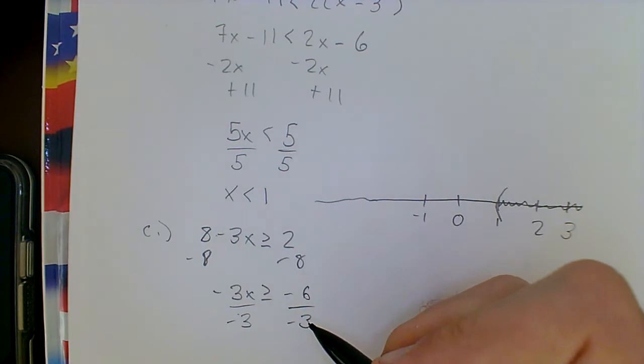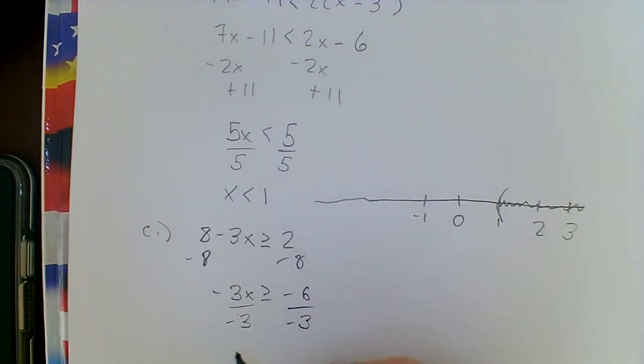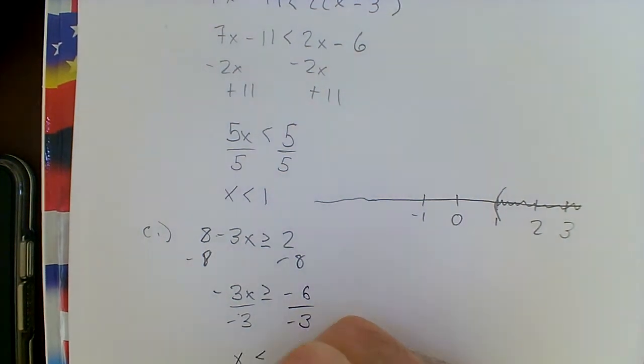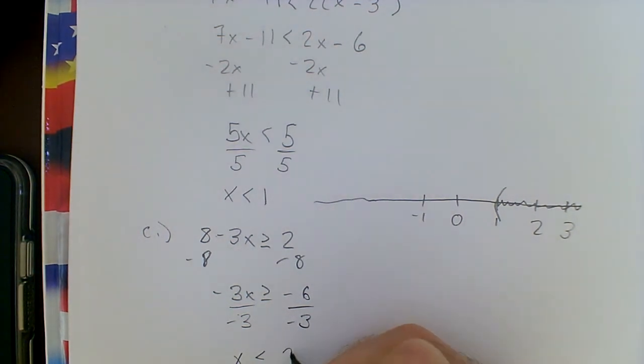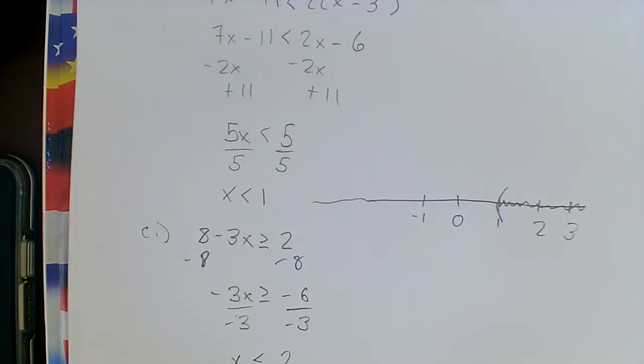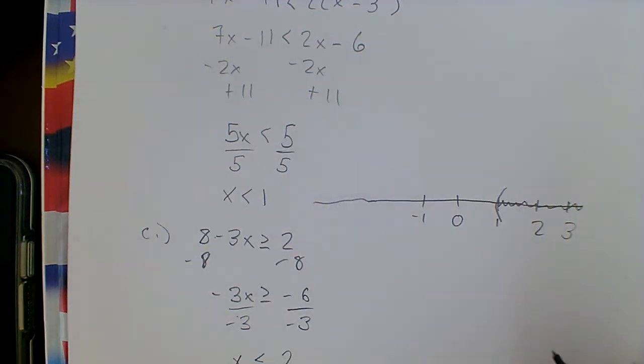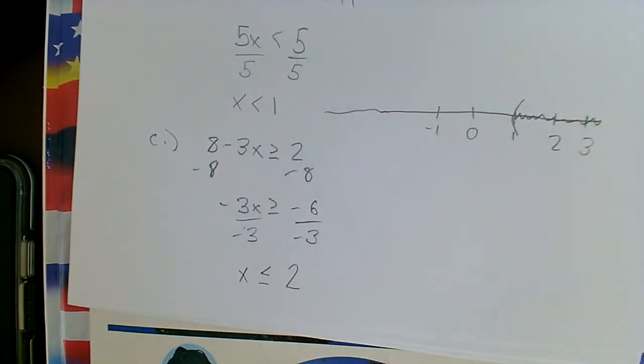Okay, so now it's going to be x, and we're flipping it, right, because we divided by a negative number, and -6 divided by -3 is positive 2.